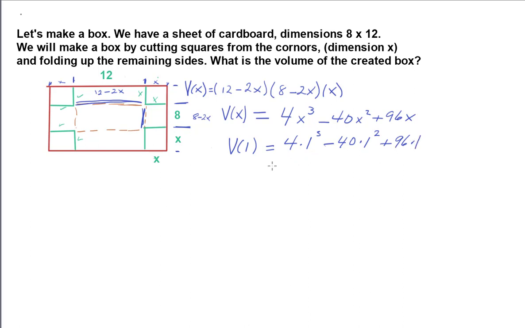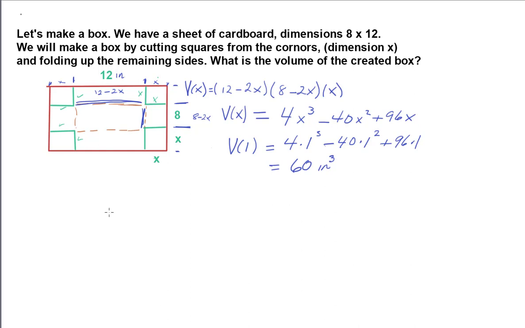Let's see if we can do this arithmetic. So this is going to be 4 minus 40 would be 36, and 36 from 96 would be, if I've got the arithmetic right, 60. And if we assume that these were inches to begin with, then this would be 60 inches cubed.